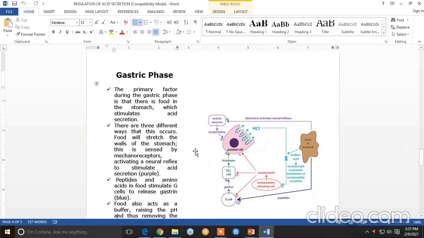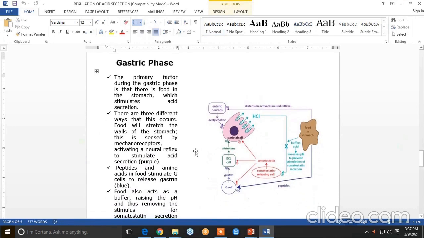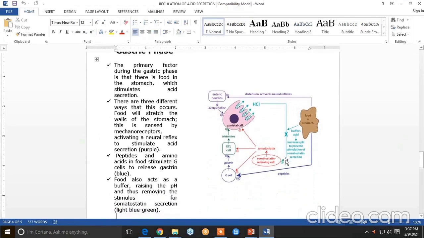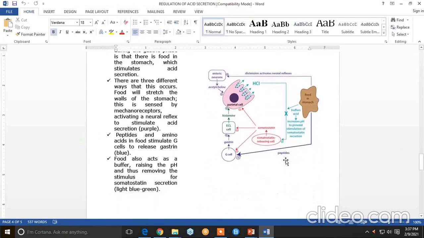Now, peptides and amino acids in the food stimulate the G cells to release gastrin, and this is indicated in the diagram by the blue color. Food also acts as a buffer, raising the pH and thus removing the stimulus for somatostatin secretion, and this is indicated by the light blue and the green color.